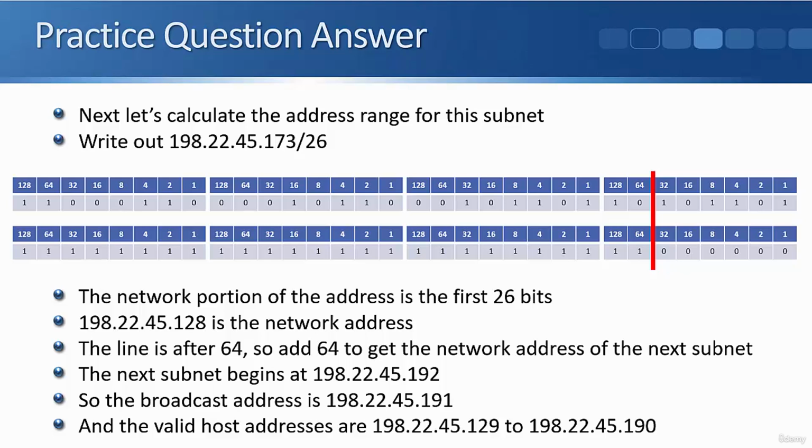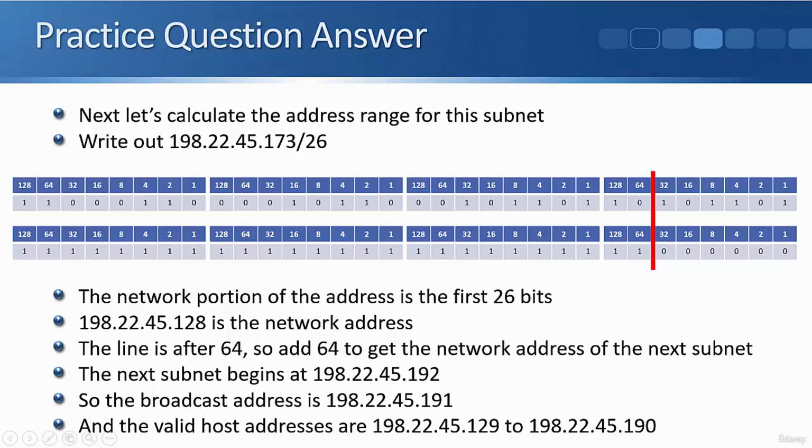I can see that this address that I'm interested in is 198.22.45.173. So first subnet is 0, then 64, then 128. The next one would be 128 plus 64, which is going to be 192. So 173 is less than the 192, so it must be in the 128 network.